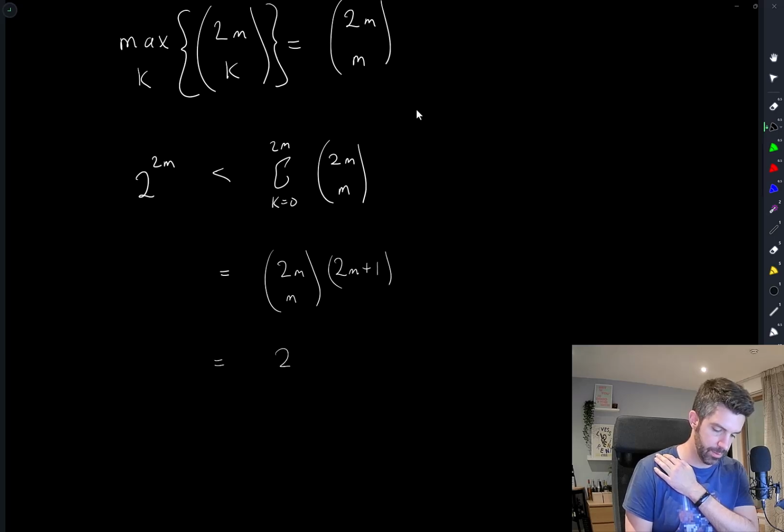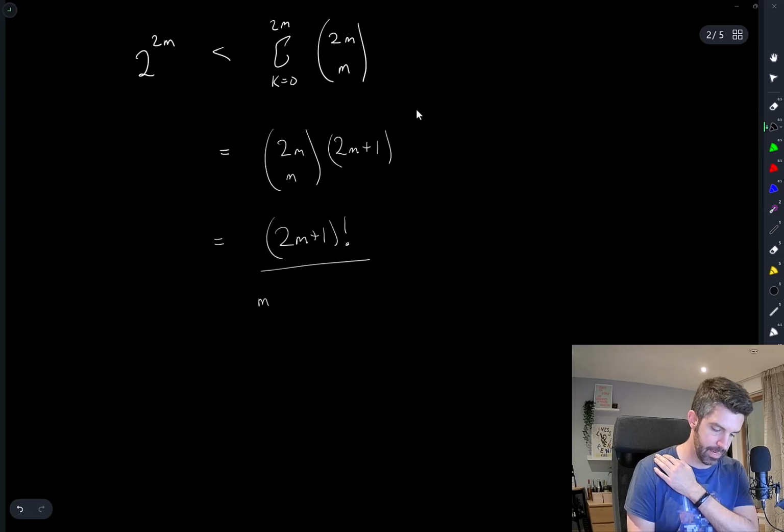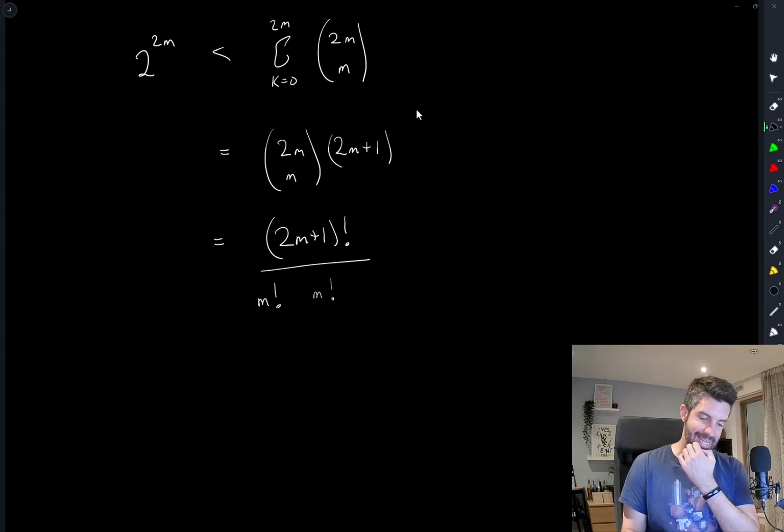So this gives me 2m plus 1 factorial divided by m factorial times 2 times m factorial. But that's not the inequality I want.